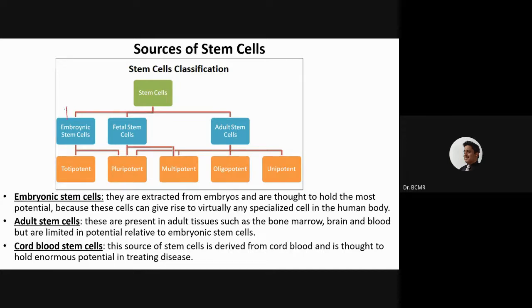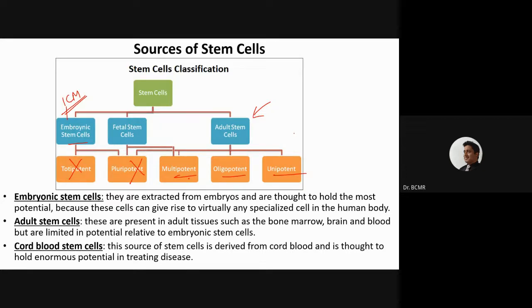Embryonic stem cells: the ICM is the source for embryonic stem cells. Fetal stem cells you can get from cord blood cells and so on. I think we will discuss that today. And adult stem cells are usually never pluripotent. They're multipotent, oligopotent, or unipotent.